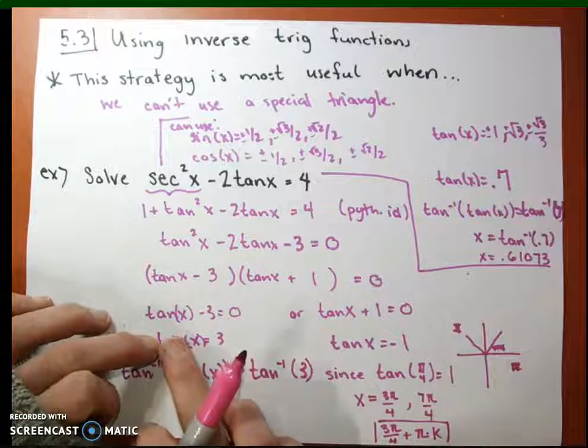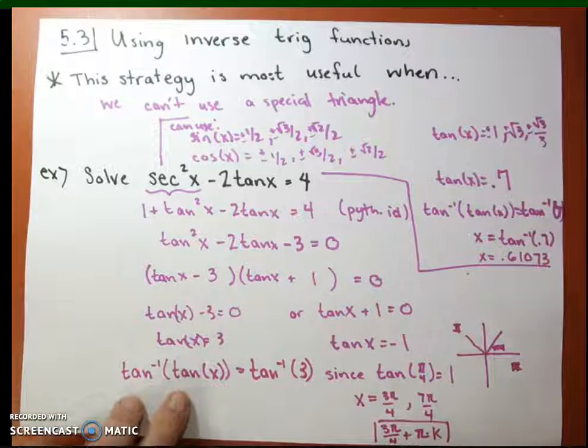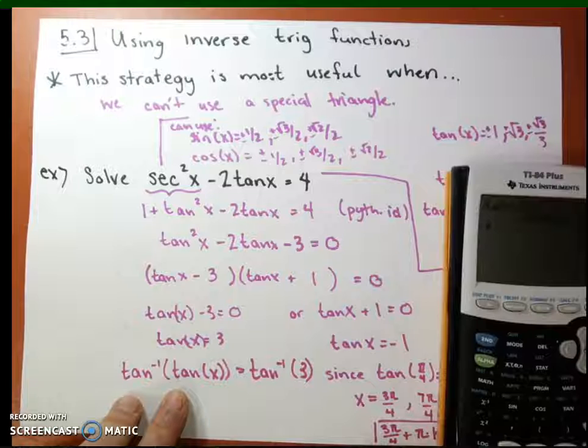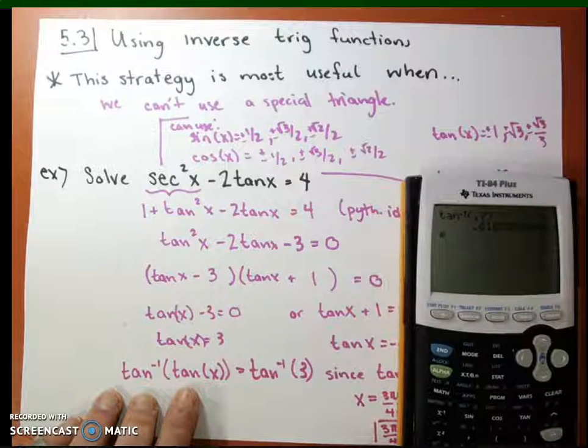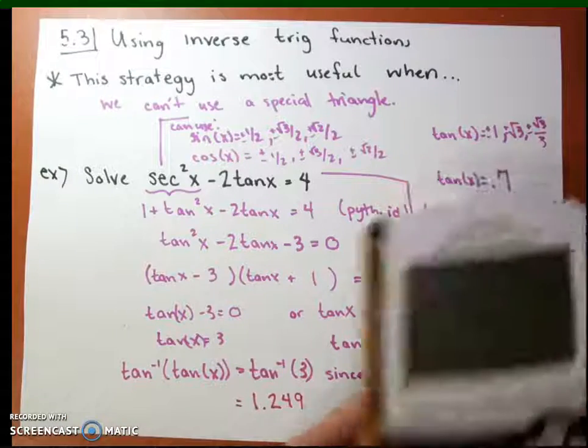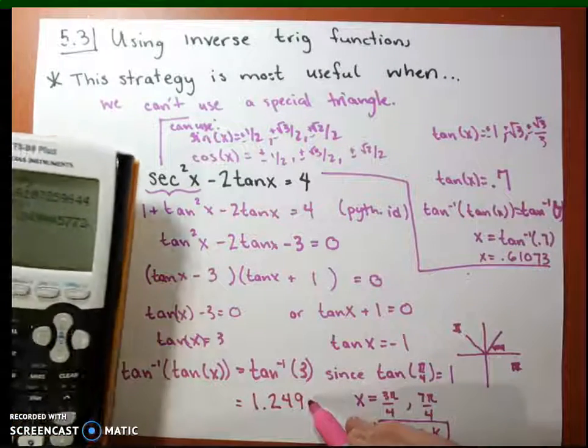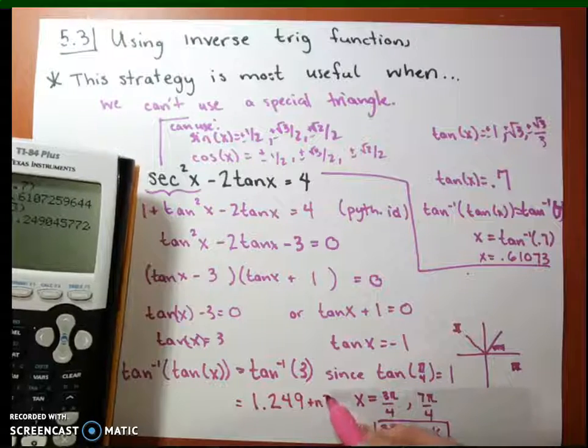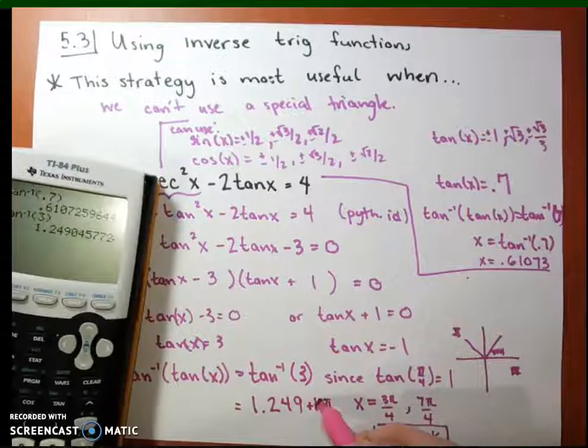In order to break open this tan, I have to use an inverse tan. So what is tan inverse of 3? Well, I press second tan and 3, and what I get is 1.249. And if I want to look for the general solution, I just add on multiples of pi to that, so k times pi.